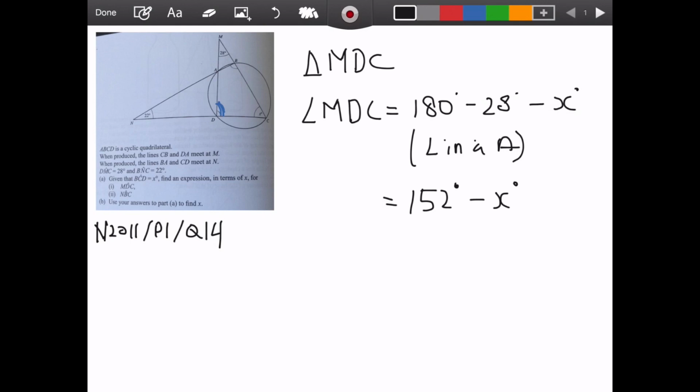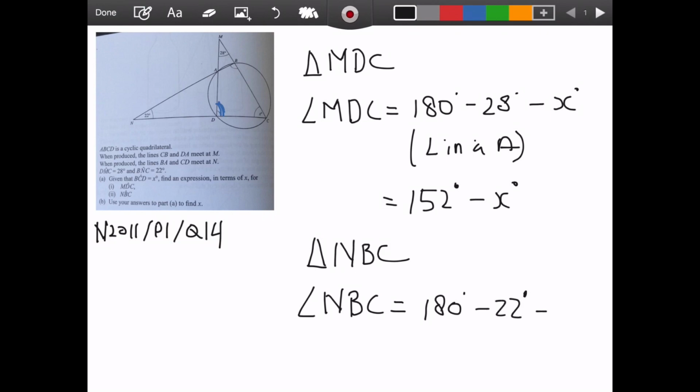Now, part 2 says what is the angle NBC, right? The angle NBC. Same concept. You see that there is that triangle, this is the triangle NBC. So if you just want to find the angle NBC, what you do is 180 degrees minus 22 degrees minus x degrees.